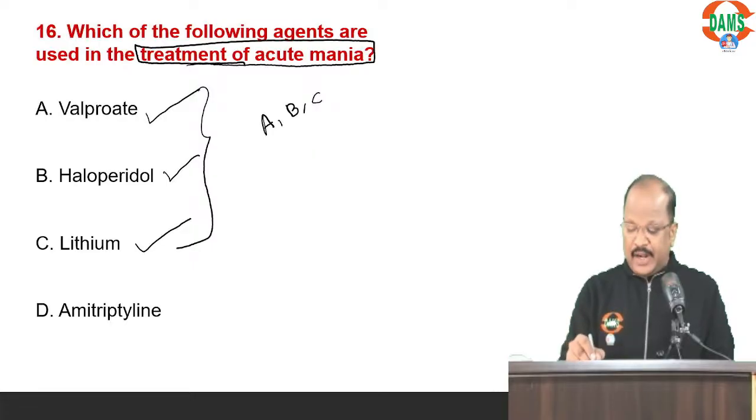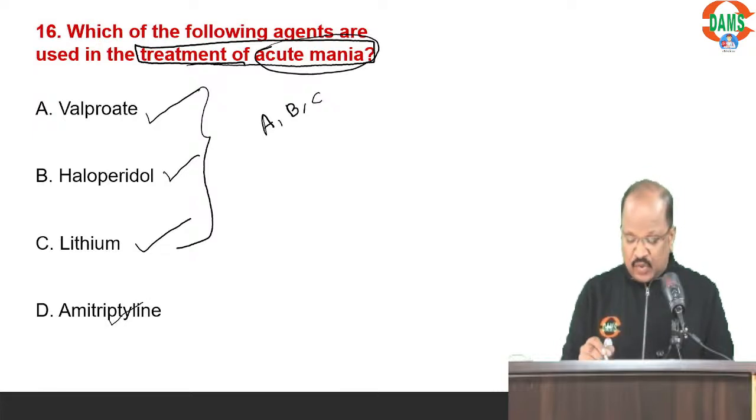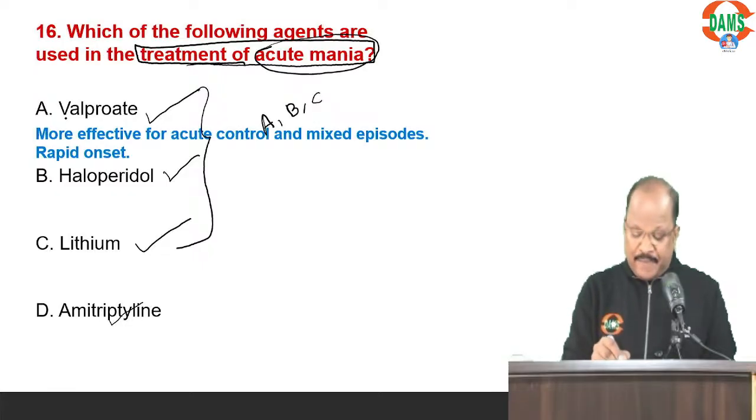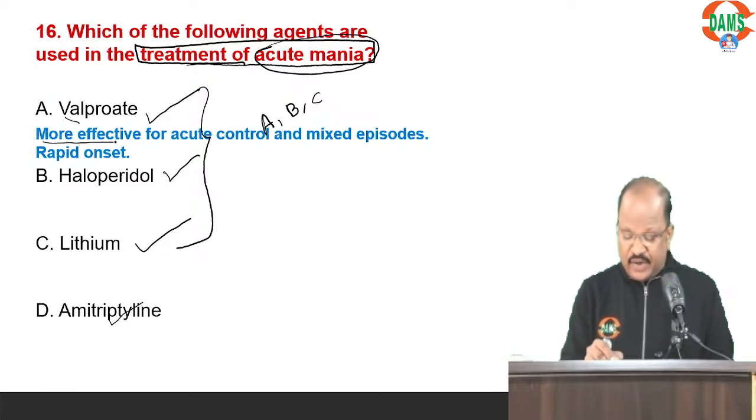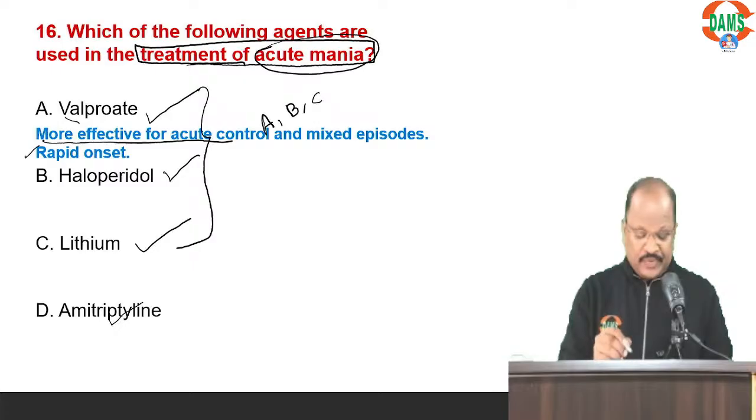For treatment of acute mania, in many cases, don't use any antidepressant. Antidepressant will worsen the problem. Valproate is the most effective for acute mania, controlling mixed episodes, and the benefit is rapid.